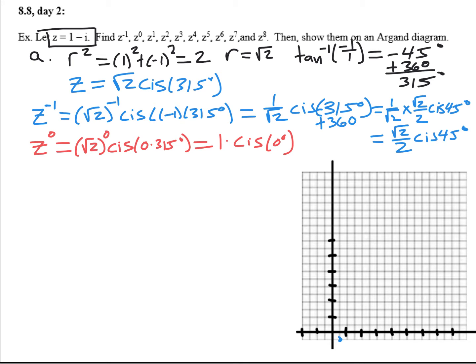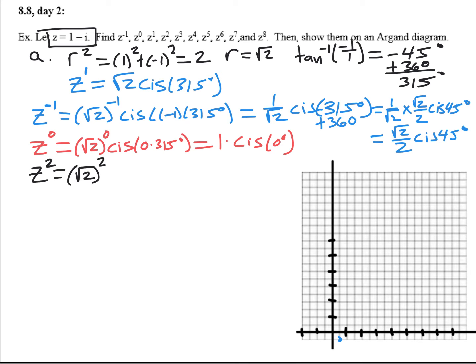There you go, 1 CIS 0. Keep in mind, z to the first, right up there, already have it. That was the original complex number itself. So here I'll just skip up.